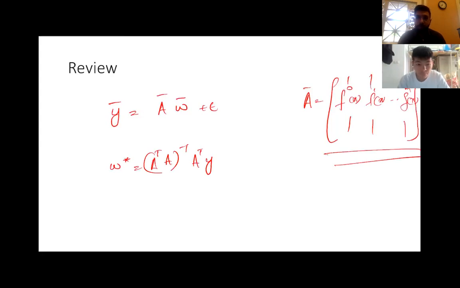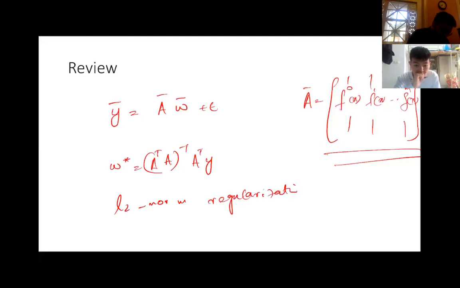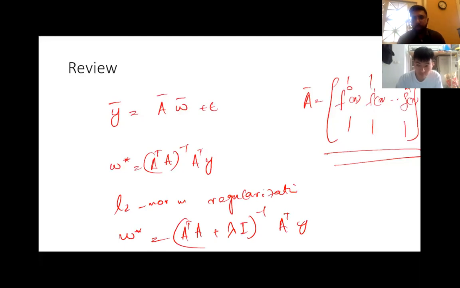Then we saw some regularization techniques. In certain cases, you might run into the problem of overfitting, and to avoid these issues, you can add a regularizing term in the objective. And in that case, the optimal solution in the case of L2 norm regularization was given, and then the overfitting in these cases is not very severe.